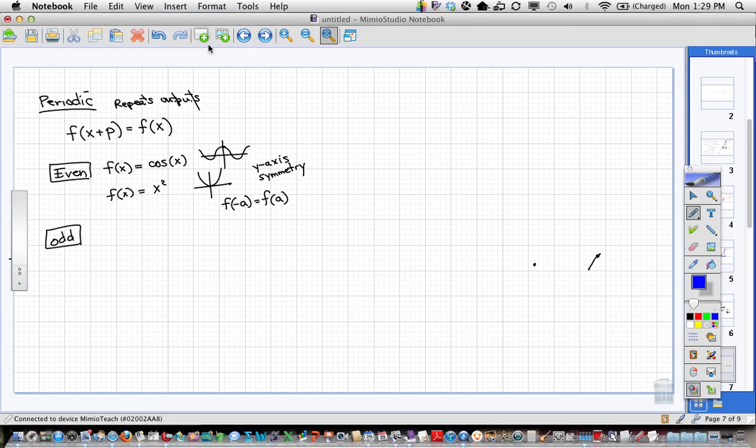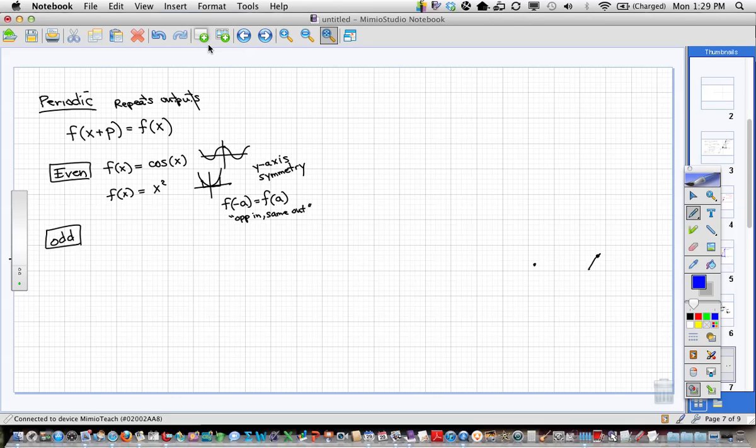An even function means this, that if I put in an a or a negative a, I'll get the same output out. If you think about a parabola, if you go over a units, you go up. You go over negative a units, you go up the same amount. What I like to call that is opposites in, same out.